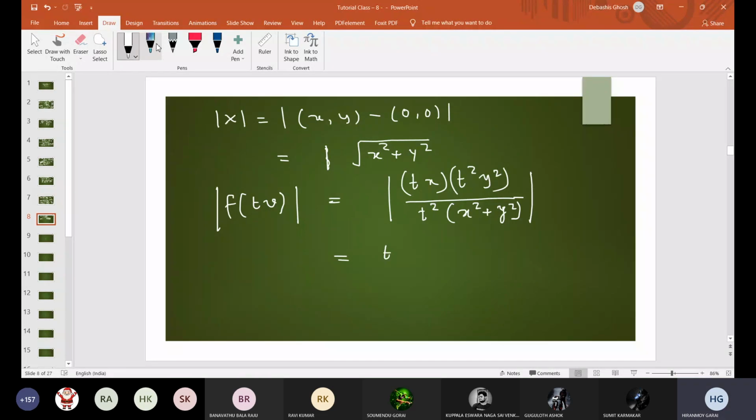Now we are considering that t is always positive as t tends to 0 plus, so the remaining expression is x y square by x square plus y square. Now as t tends to 0 plus, that expression goes to 0.